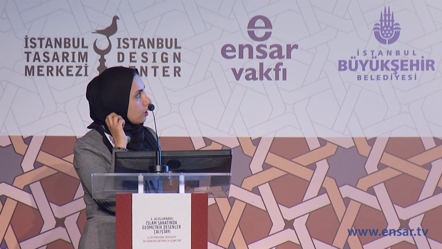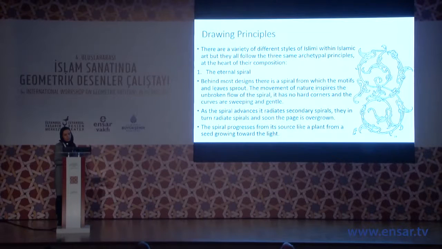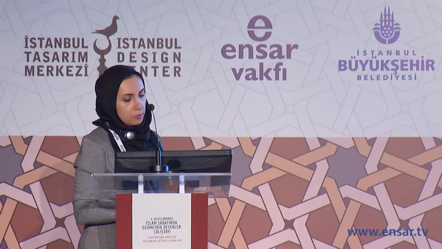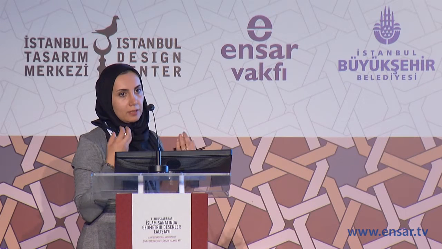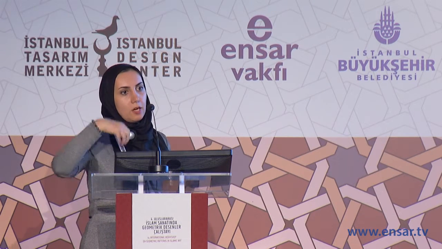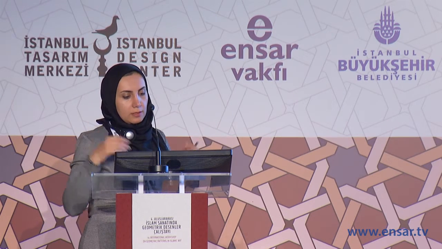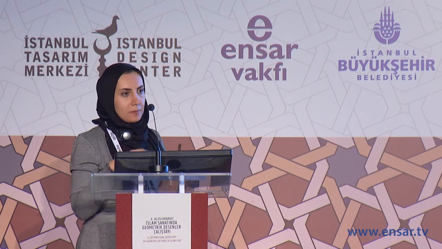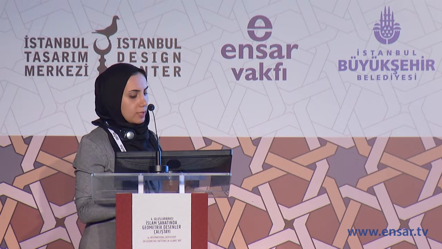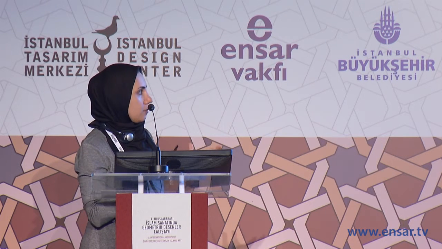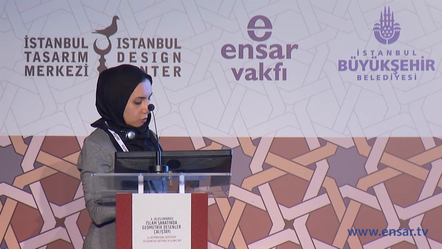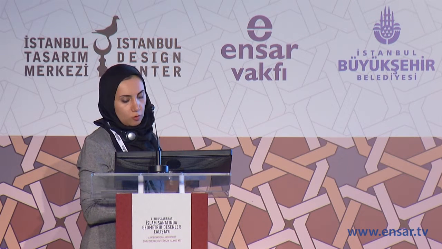I brought you some other examples I can show you on the next slides. It progresses like a layer. For example, if you imagine a seed coming out of the earth and then it flowers and sprouts other stems, it progresses like this and becomes bigger to fill the whole area.